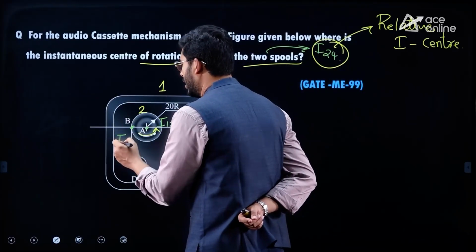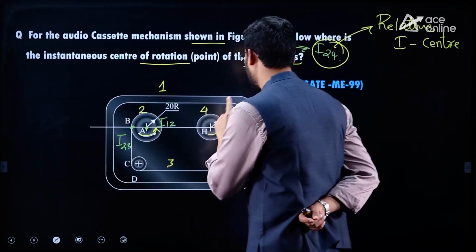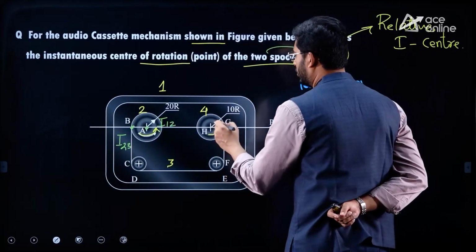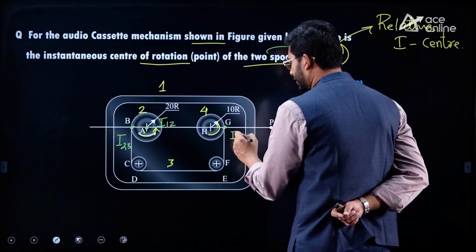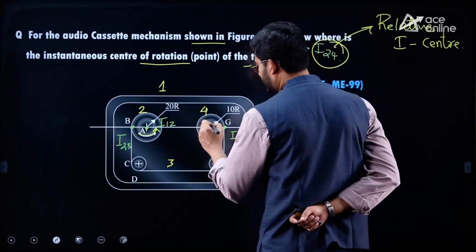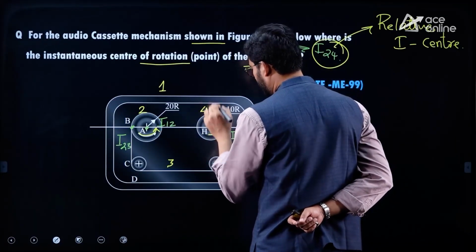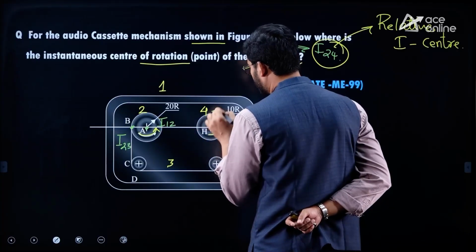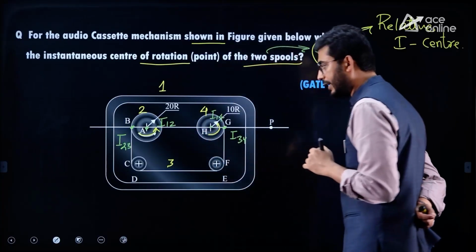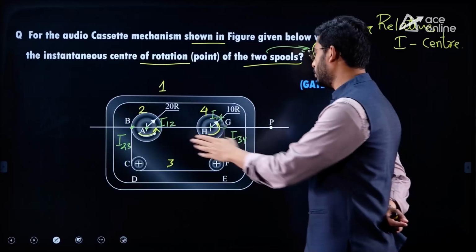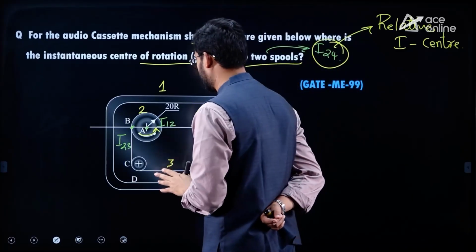So this is I23, and same way between 3 and 4 there is a formation of higher pair, that is I34, and here, even here also, it is I14. That's how we are able to mark the eye centers.